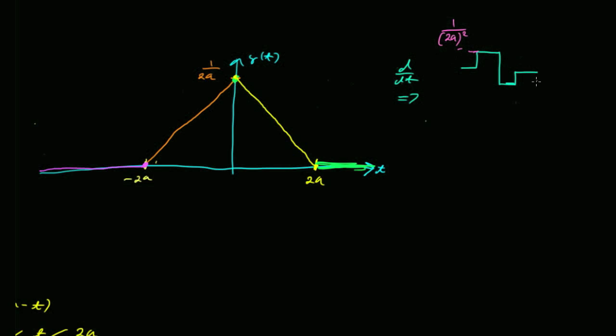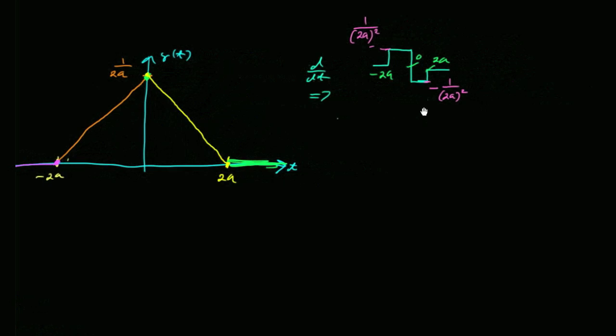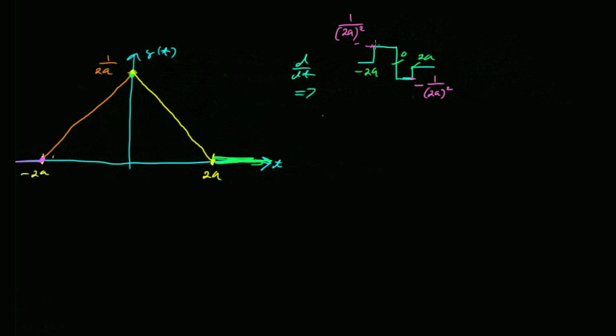And this goes from minus 2a, 0, to 2a. So putting all this together, when we take that Fourier transform, what's the Fourier transform of this rectangle? It's a sinc with a half width of a, and an area of 1 over 2a.